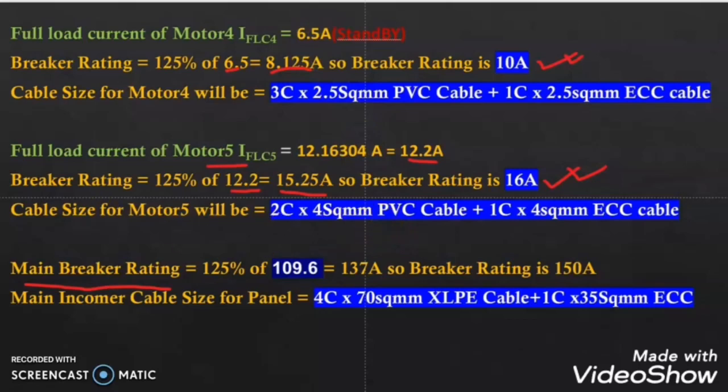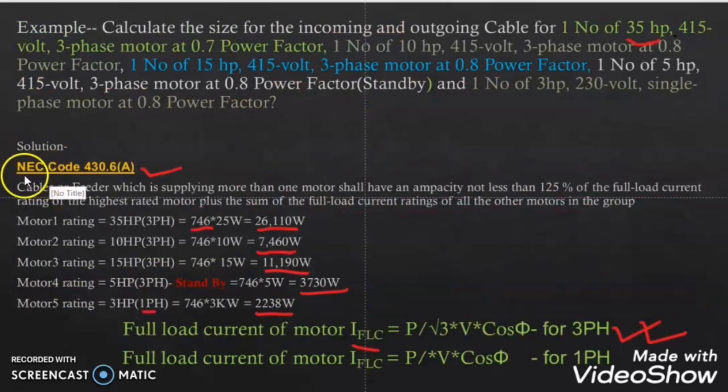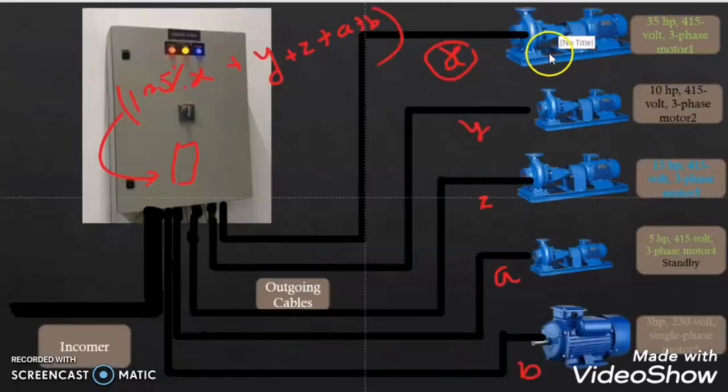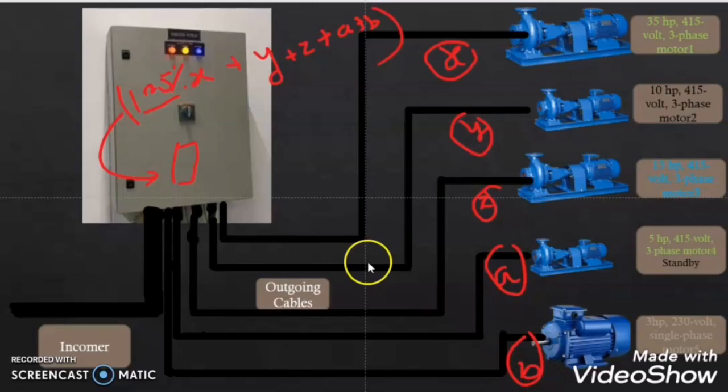As I explained at the beginning of this lecture, according to NEC code 430.6(A), the motor which has the maximum full load current rating will be multiplied by 125%, and we will sum up the other motor ratings, and that will be the main feeder rating.